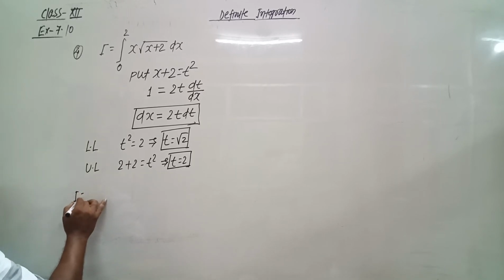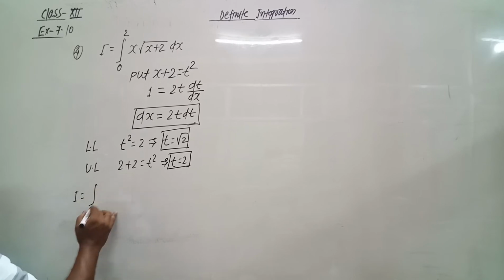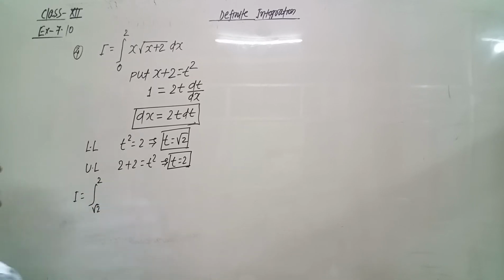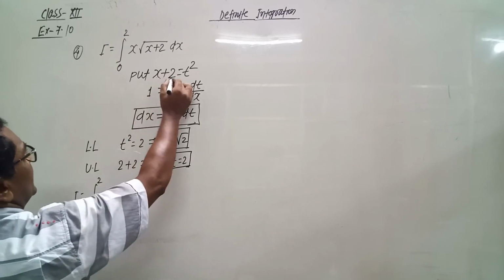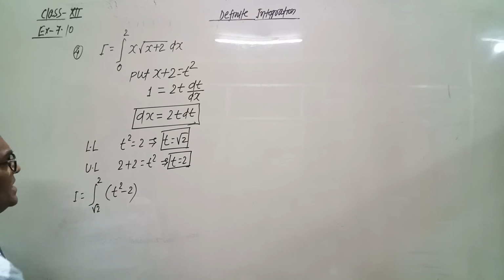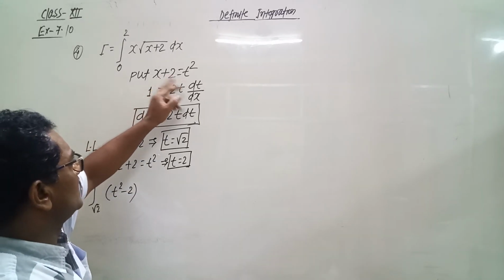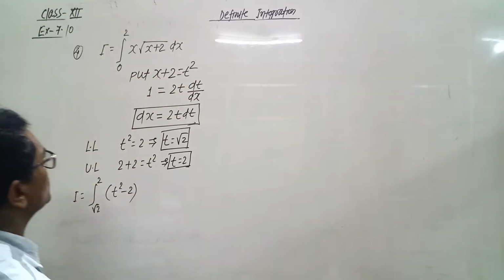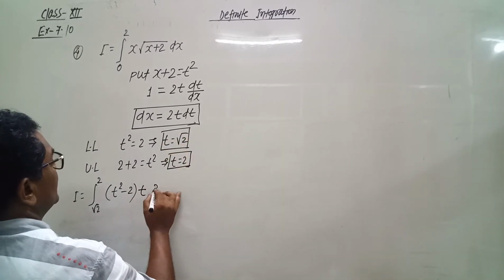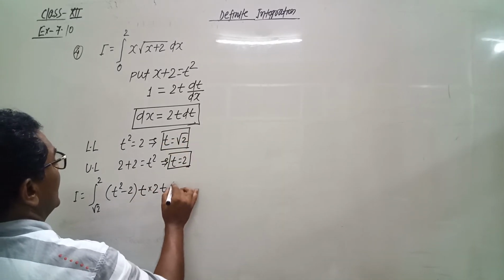So I equals integration, lower limit root 2, upper limit 2, and x is written as t square minus 2. We eliminate the value of x. x will become t square minus 2, root x plus 2 is written as t, and dx is written as 2t dt.